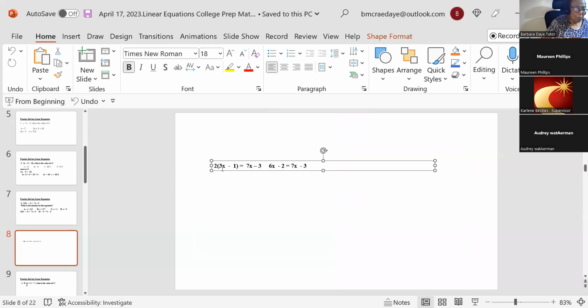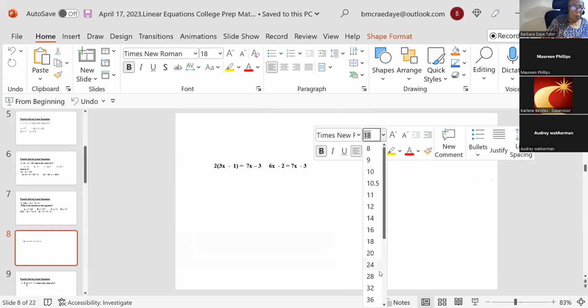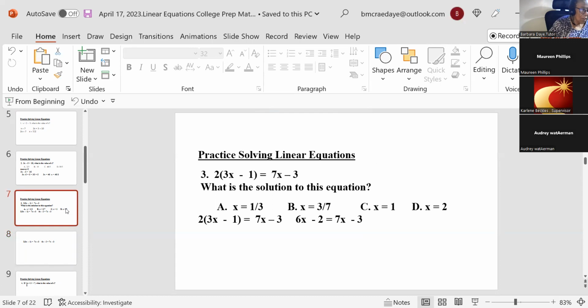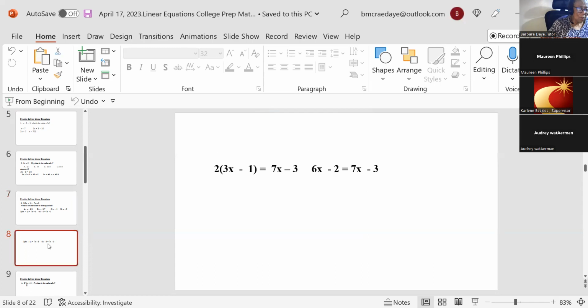And I'll make this bigger. Okay, so now once we multiply that out, we have 6x minus 2 equals 7x minus 3. You see, we subtract the 7x from both sides. The 7x minus 3 is on the right. Now, Audrey, what do we do here?